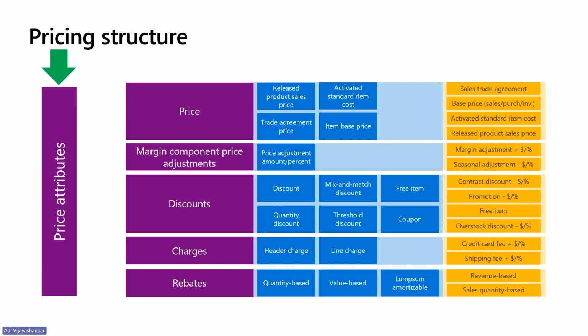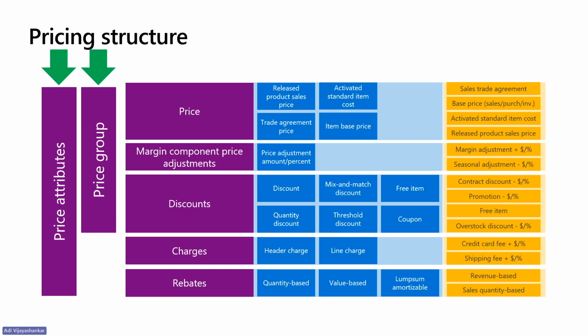Price attribute can be used across all these price components, and it provides a flexible way for you to define your pricing factors. It leverages information about customers, products, as well as sales order header and lines. Extension points are available for you to extend the price attributes.